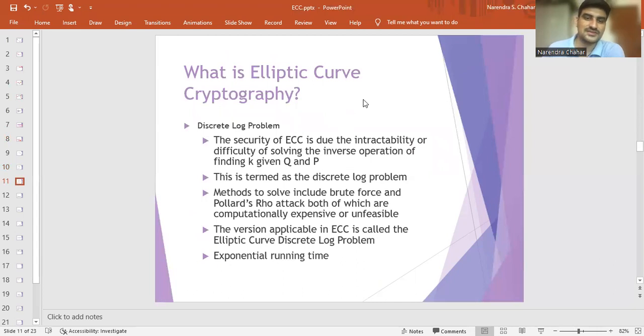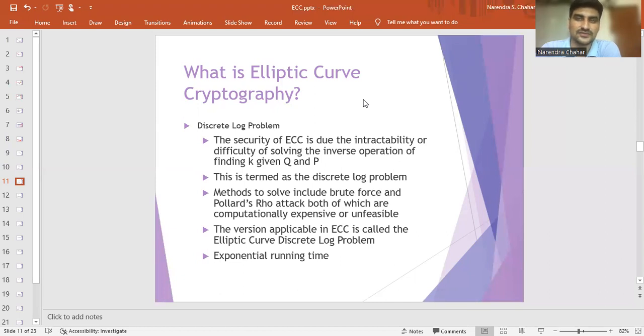Now, what is elliptic curve cryptography again? This is a discrete log problem. The security of ECC is due to the intractability, or difficulty, of solving the inverse operation of finding k given Q and P. This is termed the discrete log problem. Methods to solve it include brute force and Pollard's rho attack, both of which are computationally expensive and unfeasible.